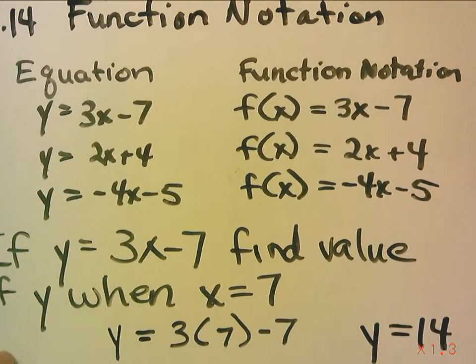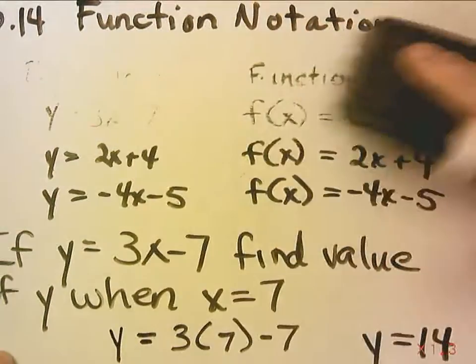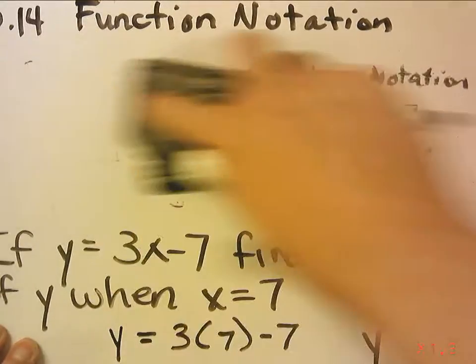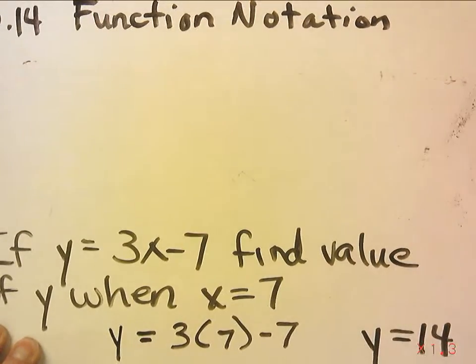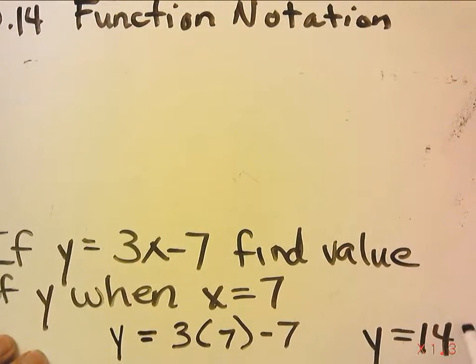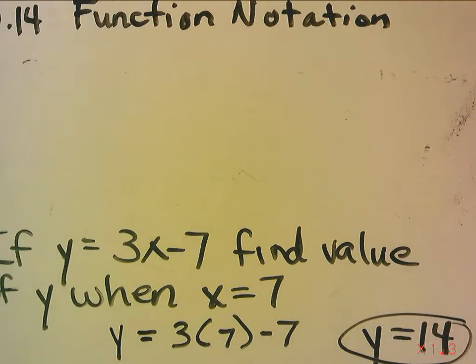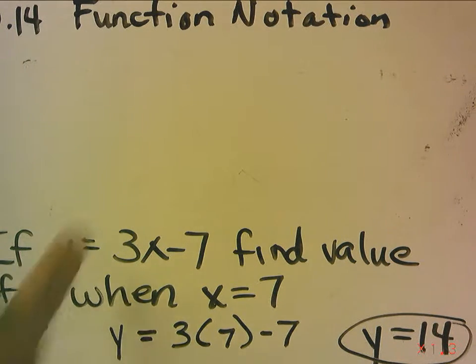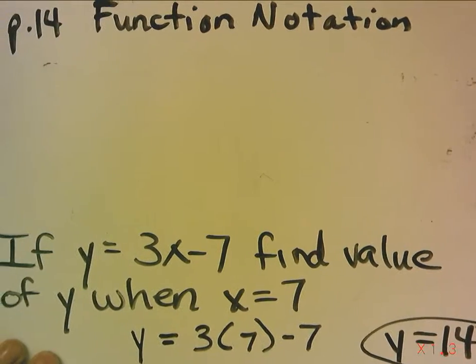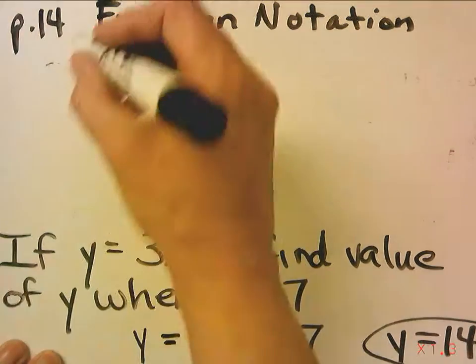The advantage of using function notation is this: here we say y equals 14. Is it clear to us what x value gave us y equals 14? We could look back into the problem and figure it out, but just looking at y equals 14, it's not clear. Let me show you how you can write the same thing in function notation.